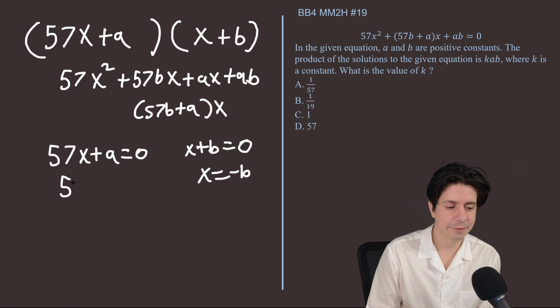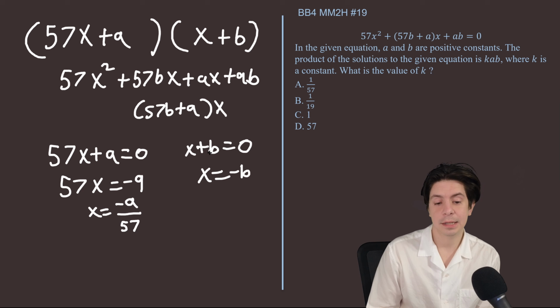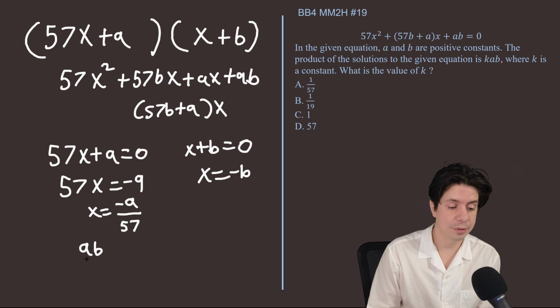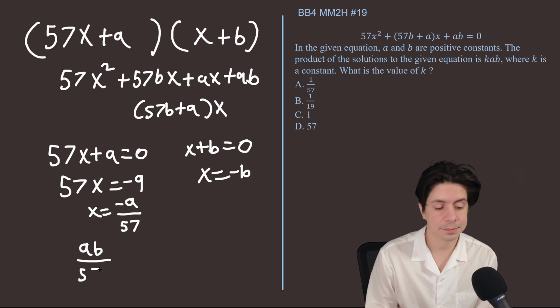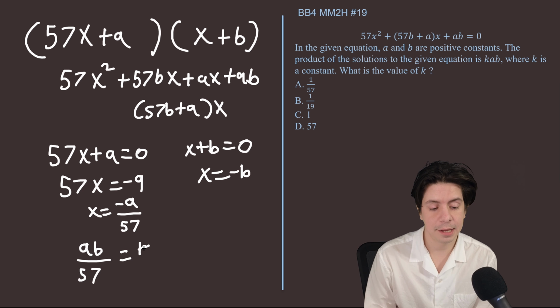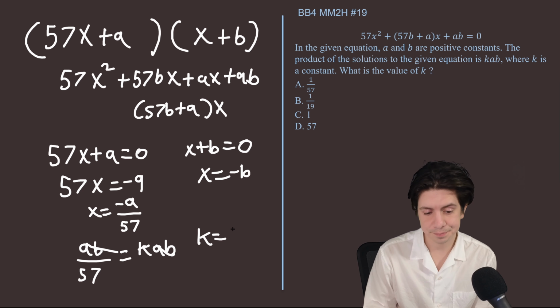And over here we're going to get 57x plus a equals 0, so x equals negative a over 57. If we multiply them together, right, because we're finding the product of the solutions, we're going to get ab over 57 equals kab. Divide by ab. k equals 1 over 57.